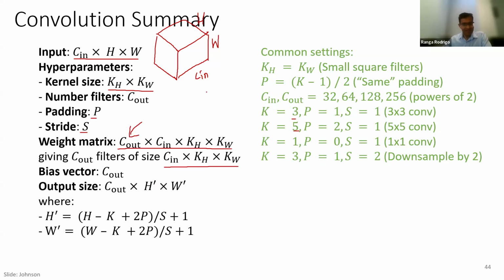As you remember, the filter must span the input tensor, as we discussed previously. So if you take a 5 by 5 filter, that 5 by 5 will be like that, but it will span the whole number of channels here.